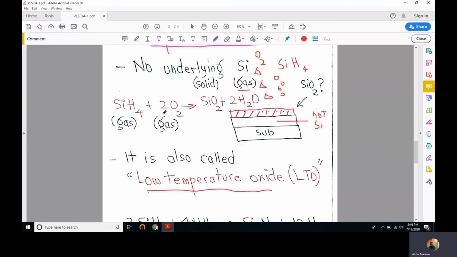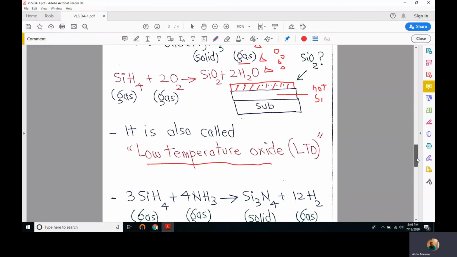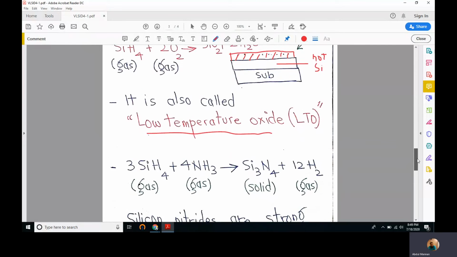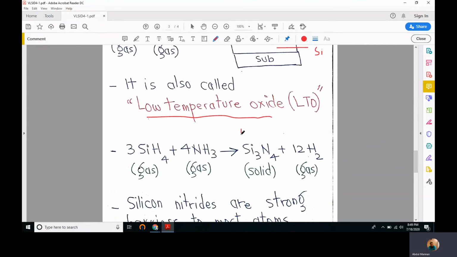This is not the only option for getting an insulating layer on top; we can choose another material. Silicon dioxide, in fact, is not the only material that can be used as an insulator. Instead of silicon dioxide, we can have silicon nitride, which is also an insulator.